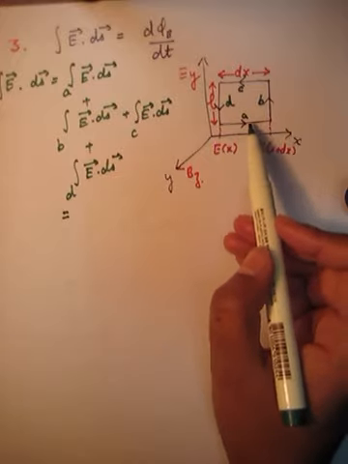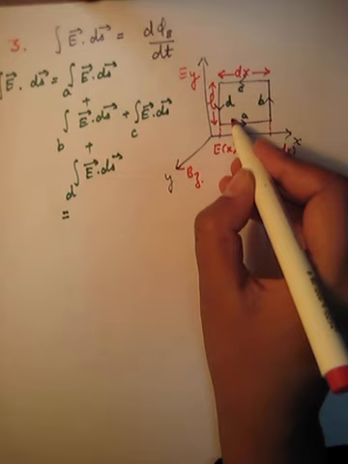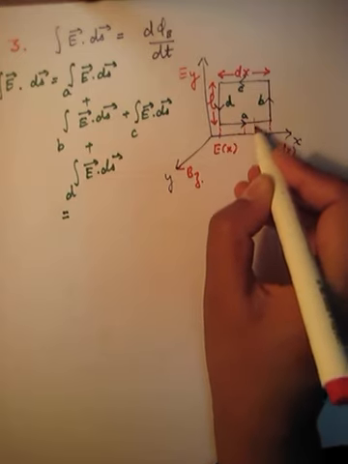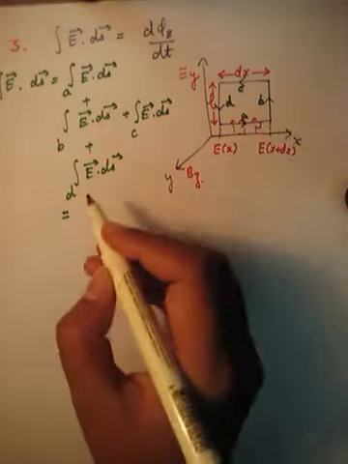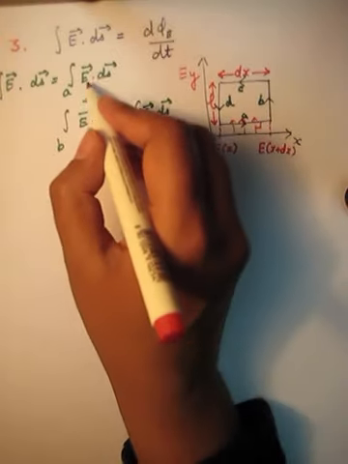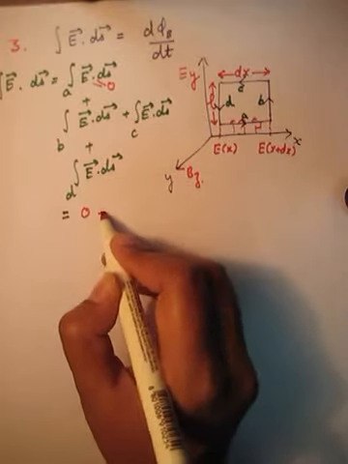So the integral over A will actually be 0, because here the electric field, whatever the value might be, is perpendicular to the loop. So this quantity will be equal to 0. So we write 0 plus.